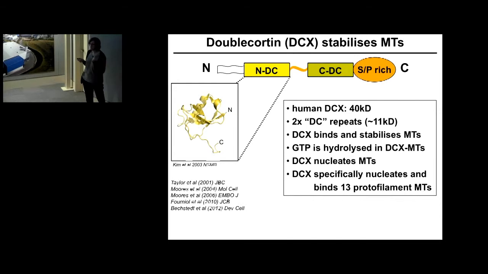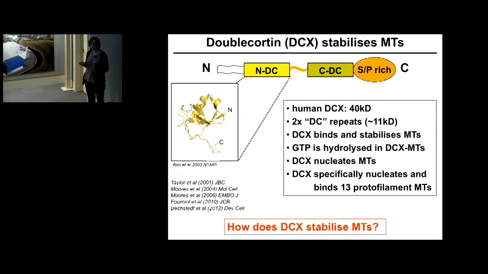We know that the GTPase activity of microtubules is retained in Doublecortin-stabilized microtubules, but Doublecortin is particularly good at nucleating microtubules, and in particular it's very good at nucleating microtubules built from 13 protofilaments, which is, in the case of eukaryotic cells, a lucky number, because 13-protofilament microtubules are the predominant architecture in nearly all of the cells in our body. So Doublecortin has evolved specifically to stabilize that particular architecture of microtubules.